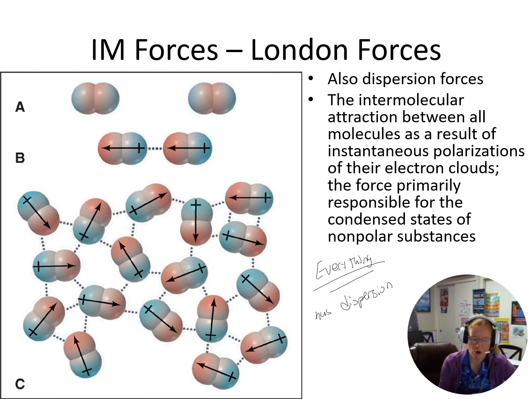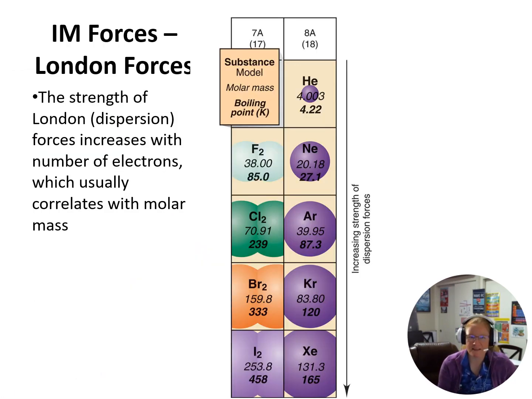Okay, so our nonpolar substances, this is how we get them to condense. When I look at these, okay, the strength is going to increase with the number of electrons. This makes sense, because where am I going to have a stronger concentration of negative charge? When I have 1 electron, or when I have 10 electrons, or when I have 30 electrons? All right, so more electrons means we're going to have stronger dispersion forces.